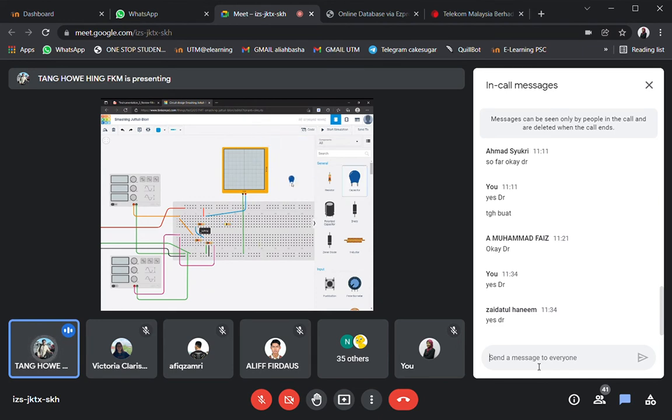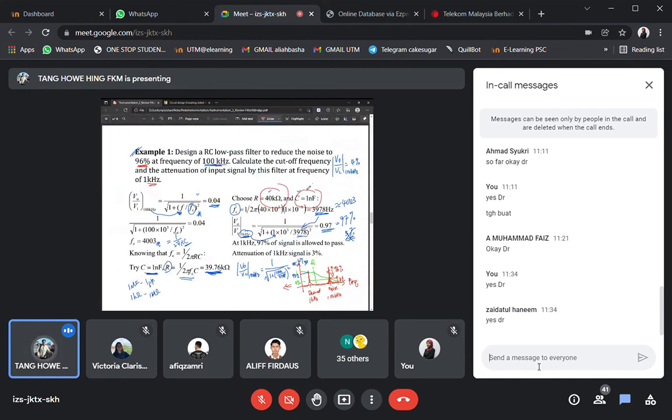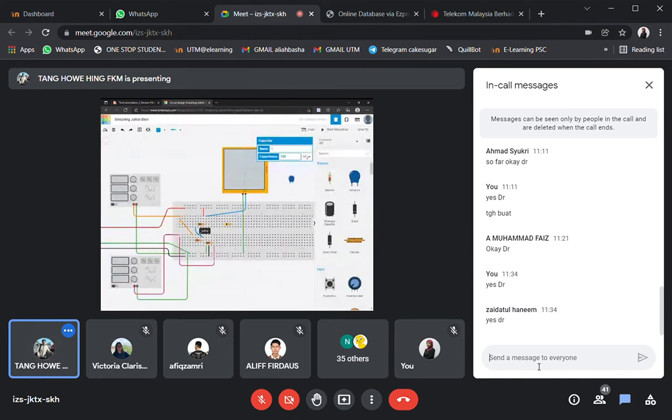So this is the capacitor, and from the calculation just now we want it to be 1 nanofarad. Okay, so this is nanofarad, so 1 nanofarad. Capacitance, and therefore I rotate it something like this. Okay, seems like I cannot extend it, so I think I'll just put it something like this.